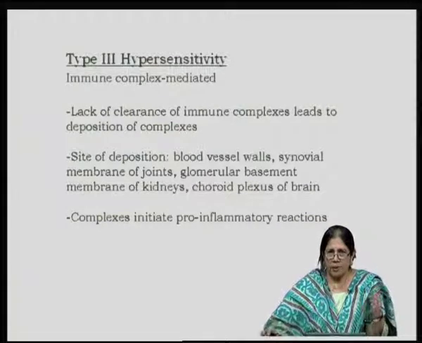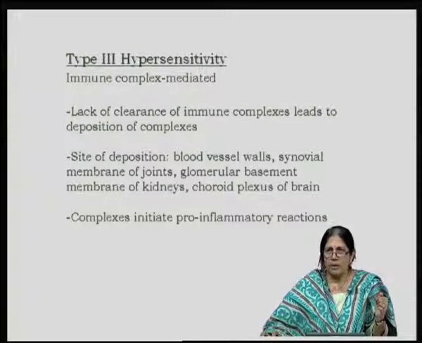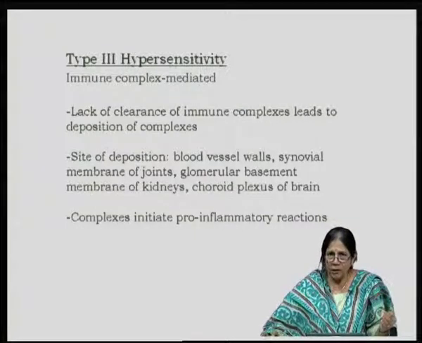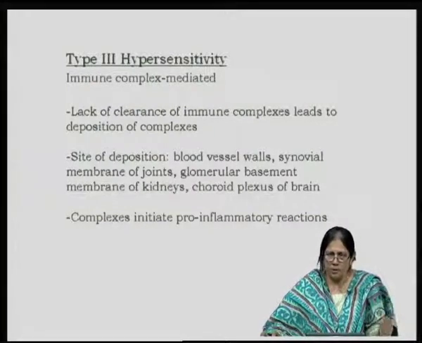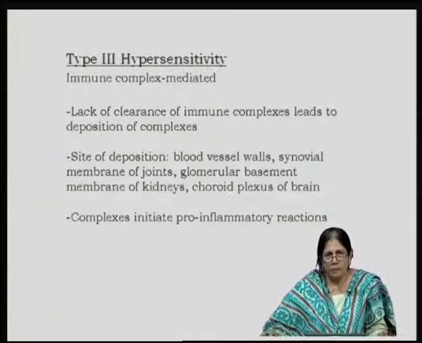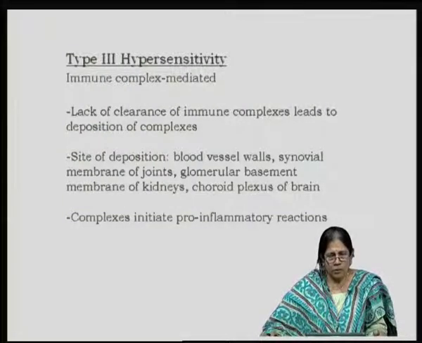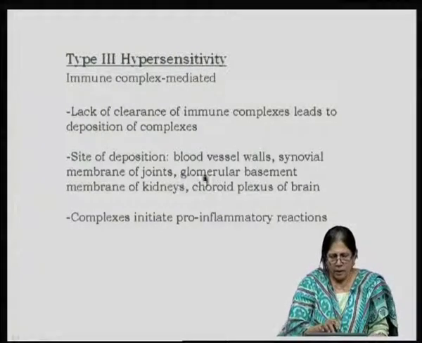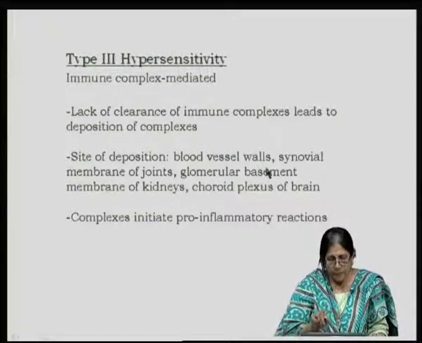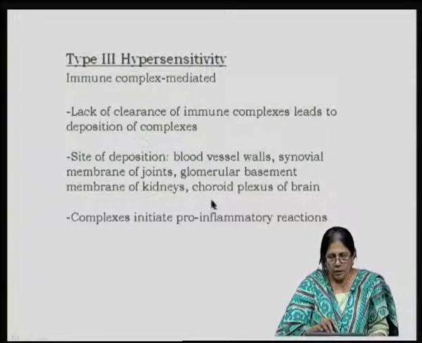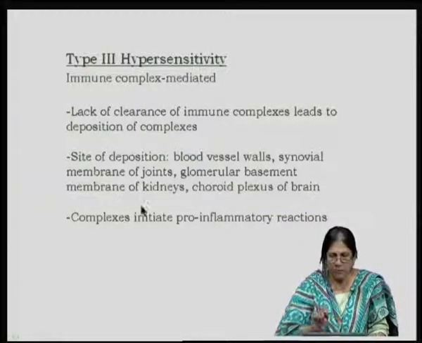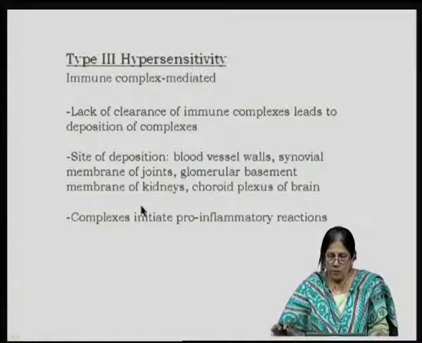If you have too much antigen, then much smaller complexes are formed, and if they are too many in number, then phagocytes are not adequate to clear the immune complexes from the system. So, they cannot be cleared, and they get deposited mostly along blood vessel walls, synovial membrane of joints, glomerular basement membrane of kidneys, and choroid plexus of brain.